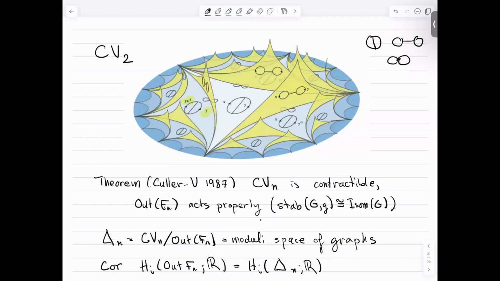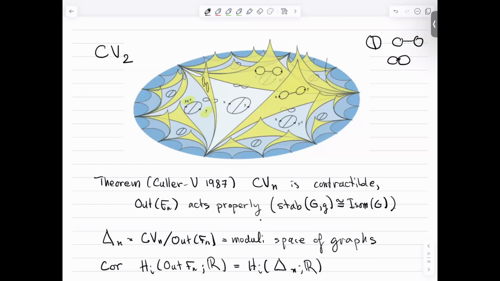So I want to emphasize the fact here that in CVn, a lot of points in this picture are missing. Because for every graph I had an open simplex, and I was gluing them together if I could collapse something and get the same thing. But when I collapse something, I still had to have a graph with fundamental group Fn.